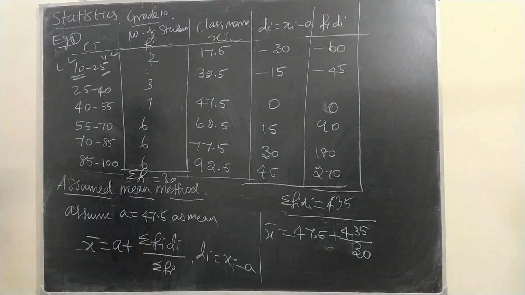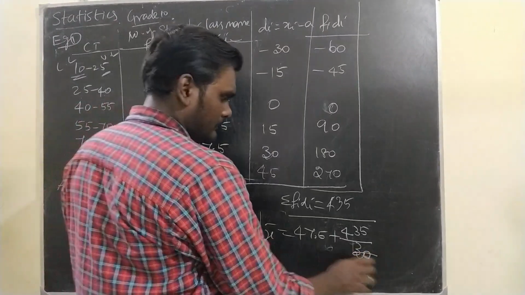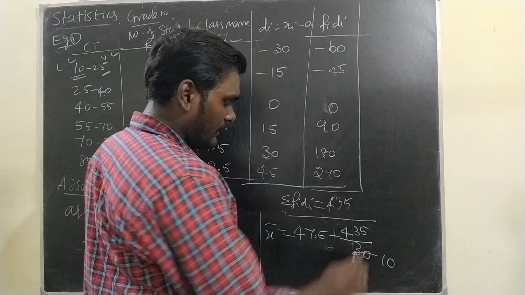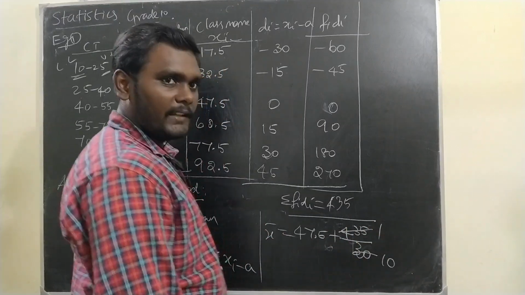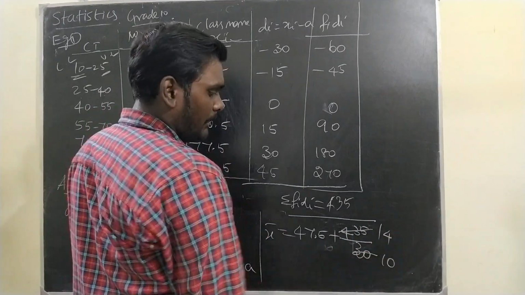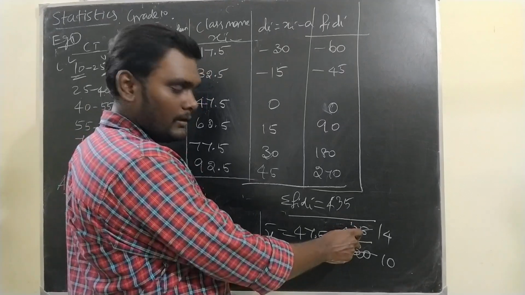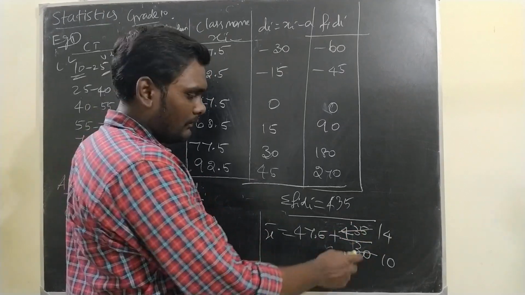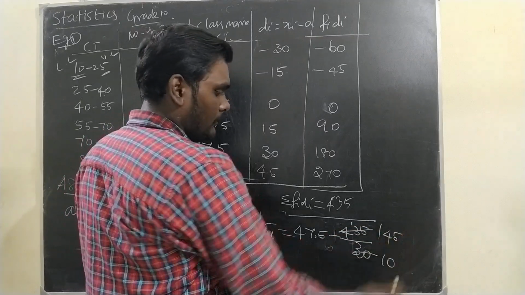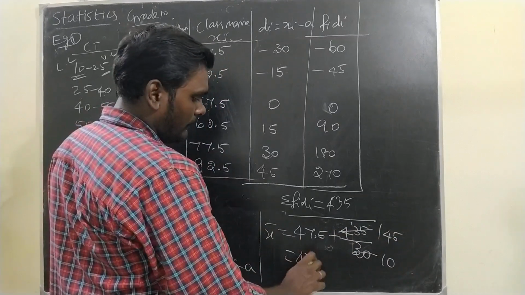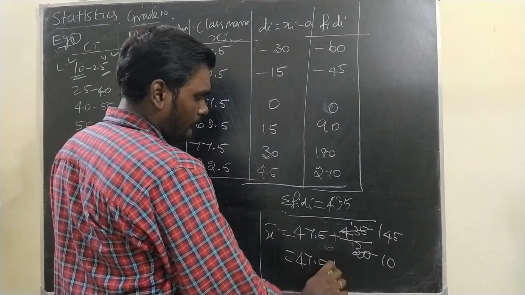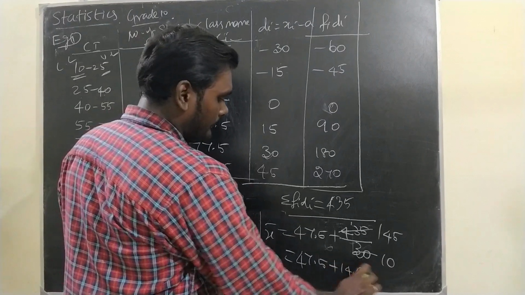Now simplify everything. 3 table, is this possible? Yes, of course it is possible. 10 times it is 30, 4 times it is 12, 145. So it is 47.5 plus 14.5.